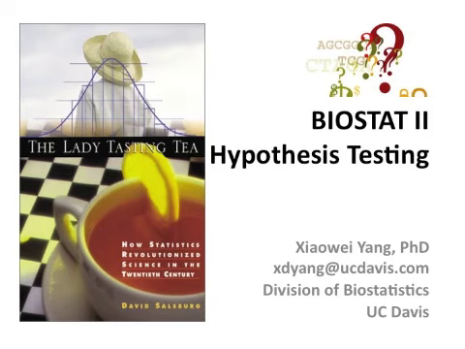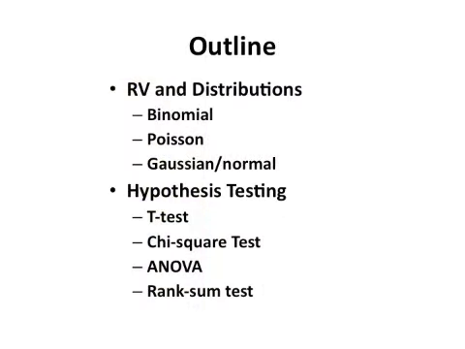So there is a very good book called The Lady Tasting Tea. I highly encourage you to take a look at that book. It tells the whole history of the last century's evolution of statistics and biostatistics.